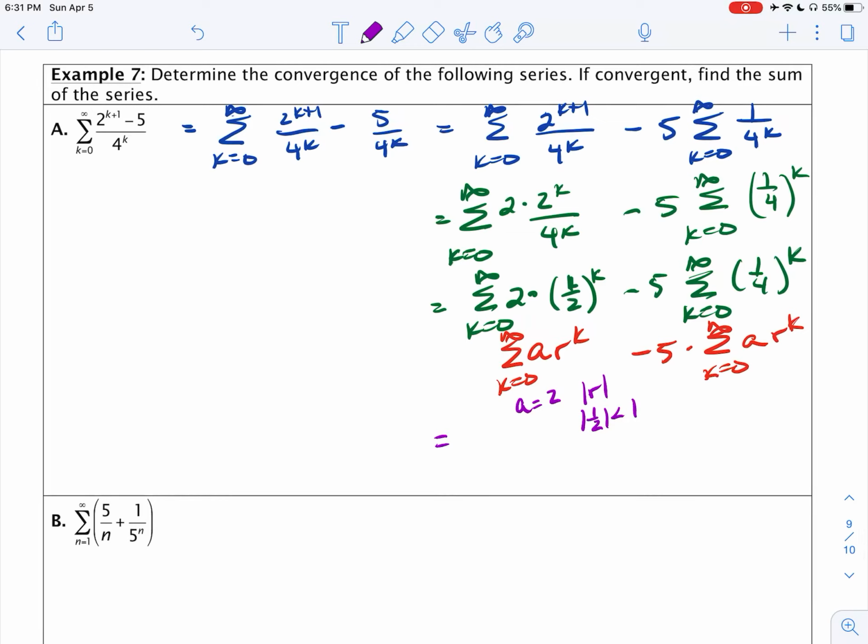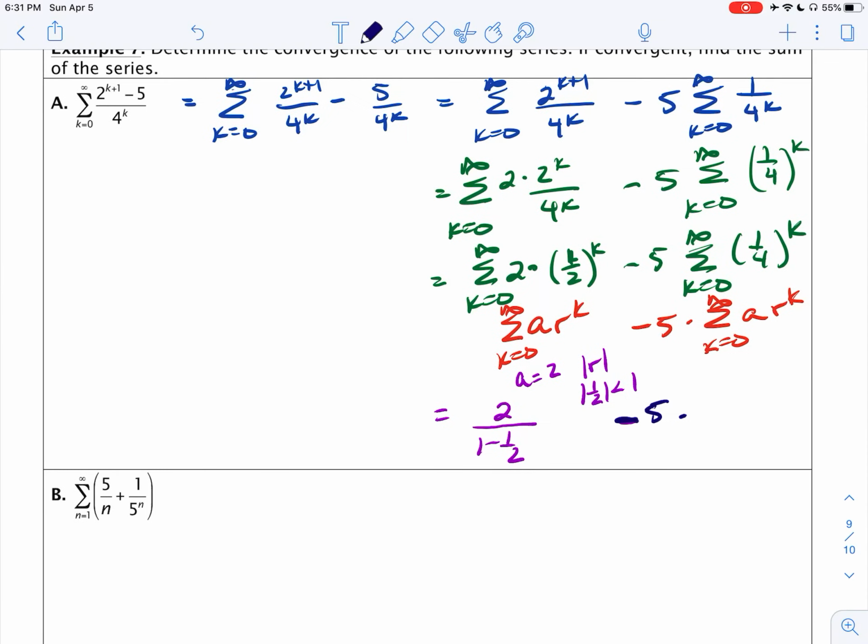So we would have that this is equal to 2 over 1 minus 1/2. And then we have minus 5. And in this case, we do have a here is equal to 1, and r here is equal to 1/4. And this is going to be 1 over 1 minus 1/4.